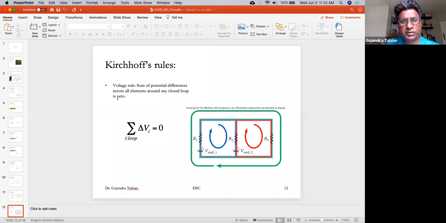The second rule is the voltage rule. So for instance, here is another circuit. What you have to realize is at every point in the circuit, every point is at a specific voltage. So for instance, if this was a 12-volt battery, this point would be at 12 volts and this point would be at 0 volts, okay?